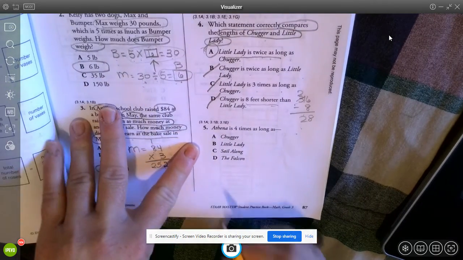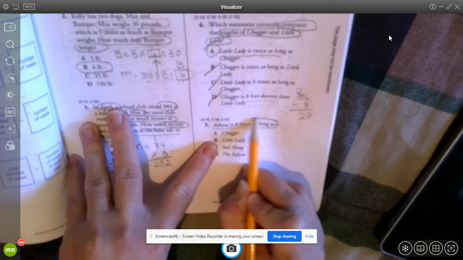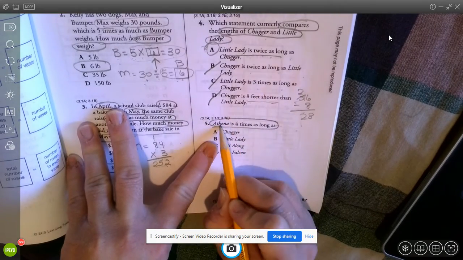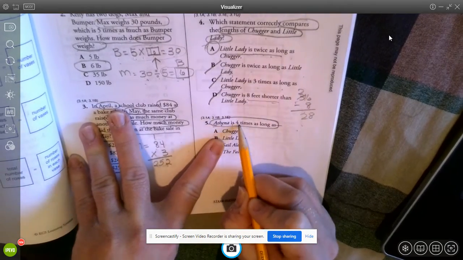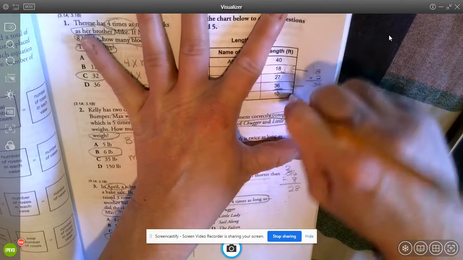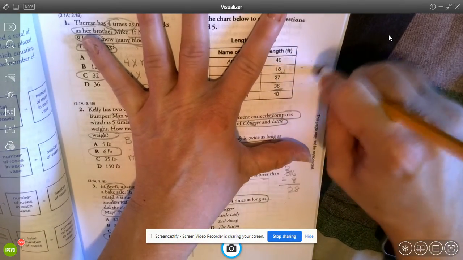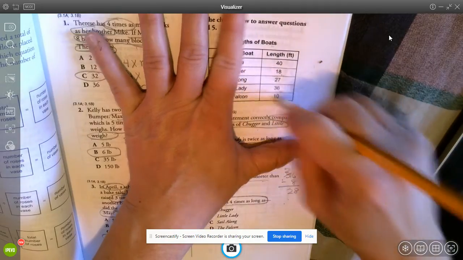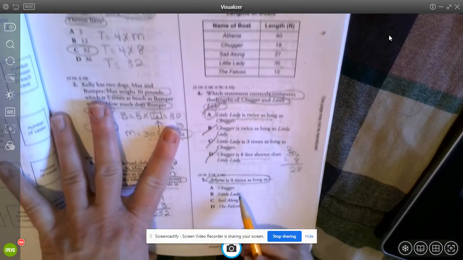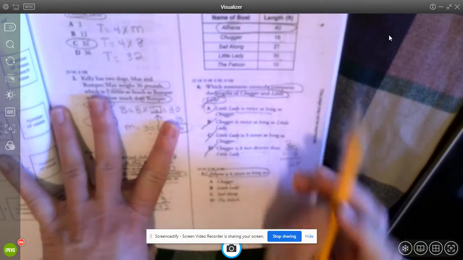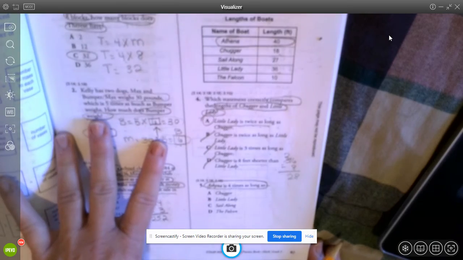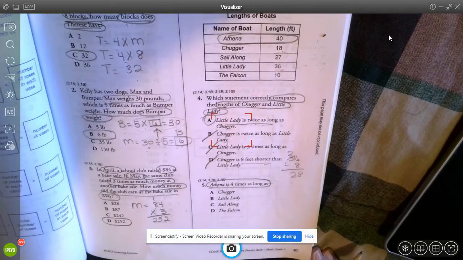Okay, Athena is 4 times as long as which one? So Athena is bigger, 4 times as which one? So we're going to erase this so I don't get confused. You don't get confused either. We're going to look at Athena, and it's 4 times, it'll focus in just a minute. There we go.